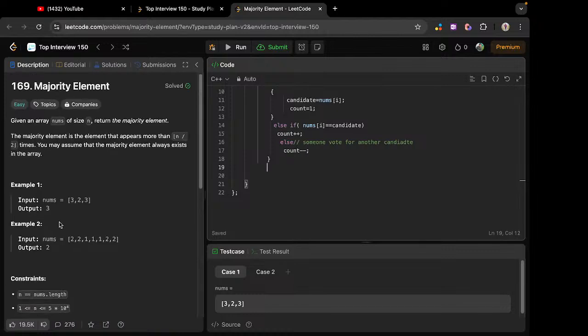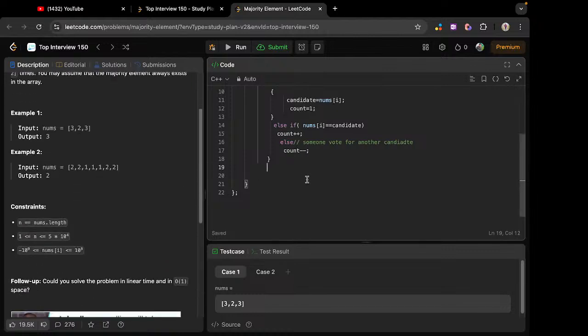And when we have done all these things, then definitely again I have to count the majority. Count verify is equal to 0, I have to verify the majority of the winning candidate, and that will be done by counting it.